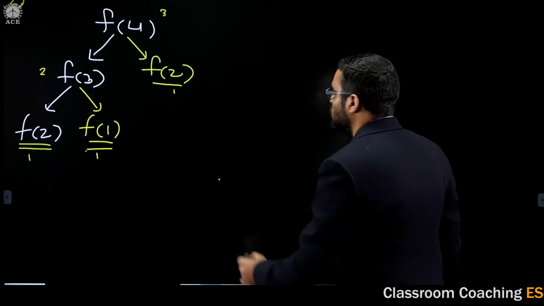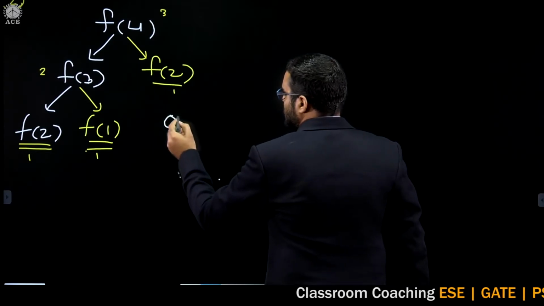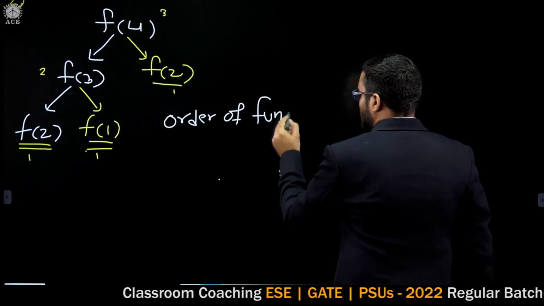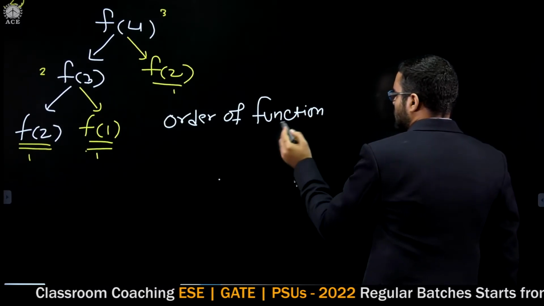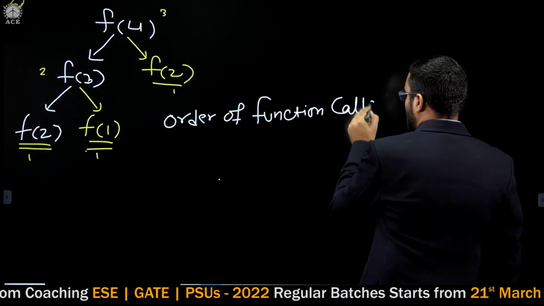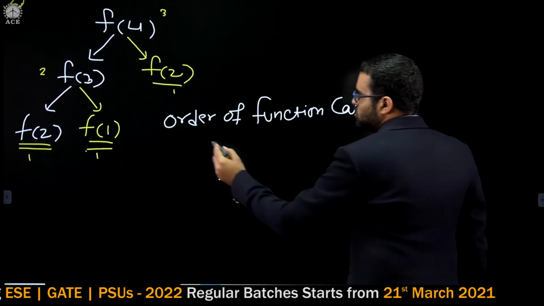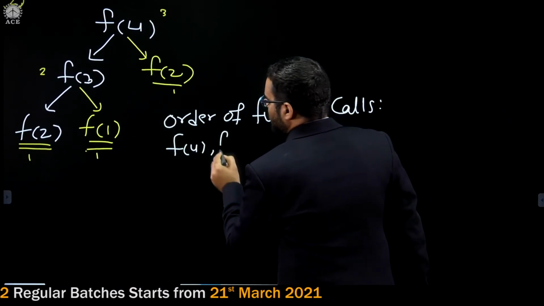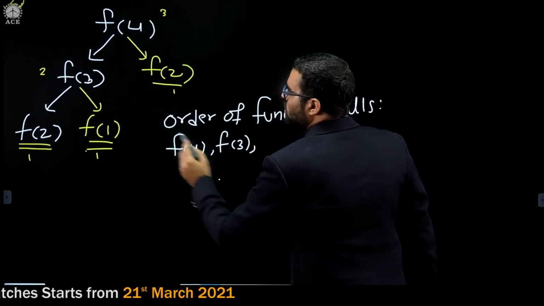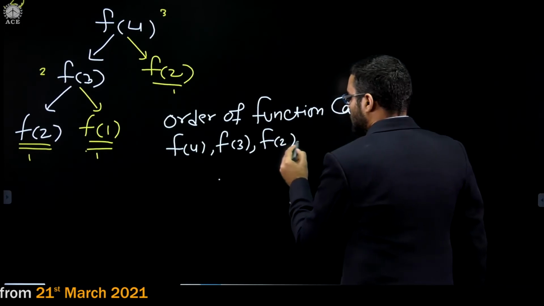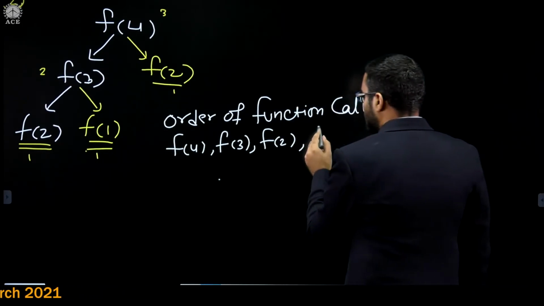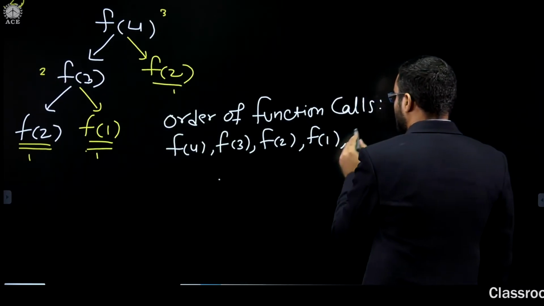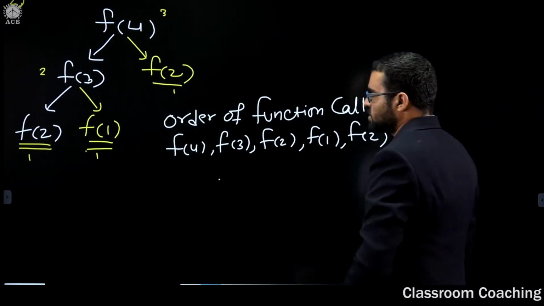Let me write it down. The order of function calls is: first we call f4, then we call f3, then we call f2, then we call f1, and then we call f2. So this is the order of function calls.